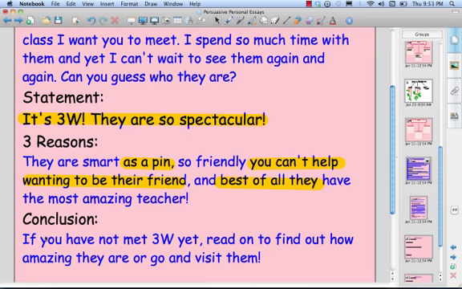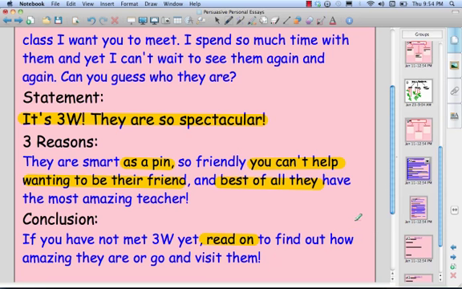Now for the conclusion, I have written, if you have not met 3W yet, read on to find out how amazing they are, or go and visit them. Now the main object of the conclusion is that you want everybody to read your work. So I have made sure that I've added, let me highlight this, read on to find out how amazing they are, or go and visit them.